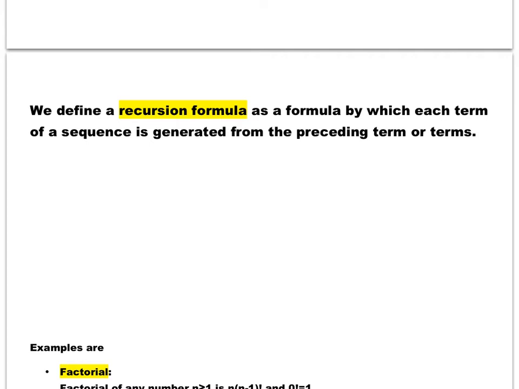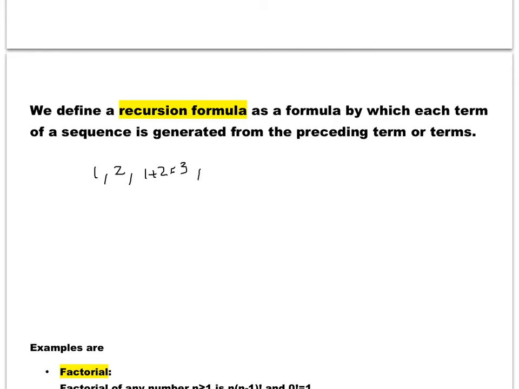For instance, I can say that the first term in a sequence is 1, the second term is 2, but I'm going to say that the next terms are going to be the sum of the previous two terms. For instance, the third term is going to be 1 plus 2, which is going to give you 3.